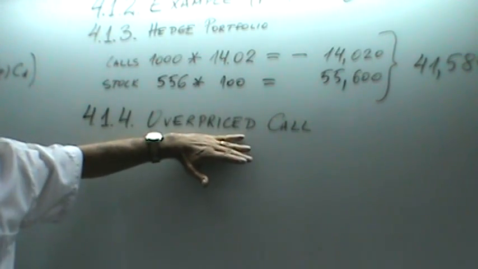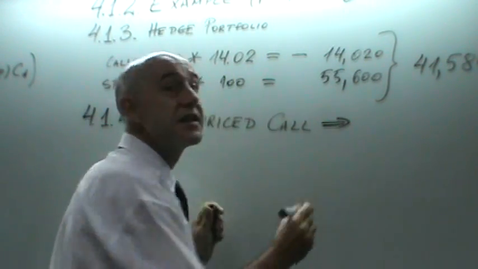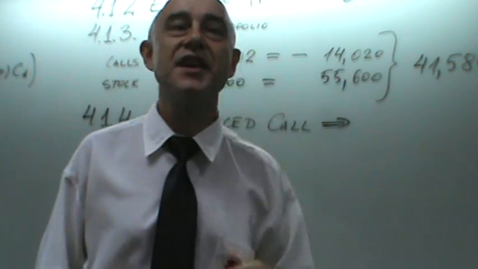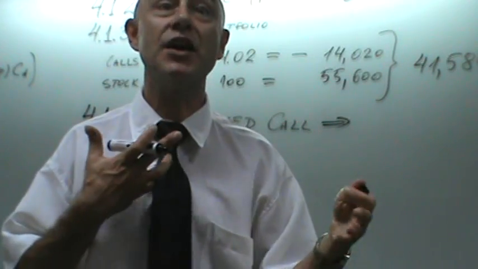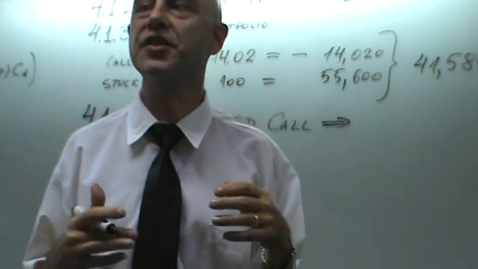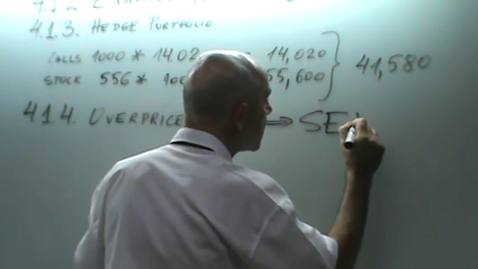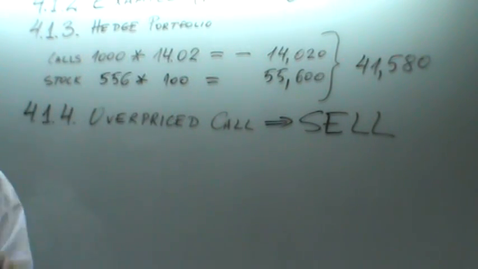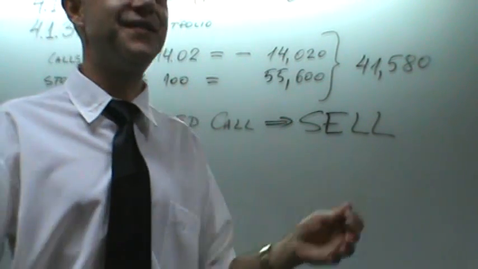If an asset is overpriced, you profit by selling. That's it. In finance, if an asset is overpriced, you profit by selling. We say in finance, we arbitrage it by selling. So, is it overpriced? Sell. Very, very simple. This is a general law in finance.